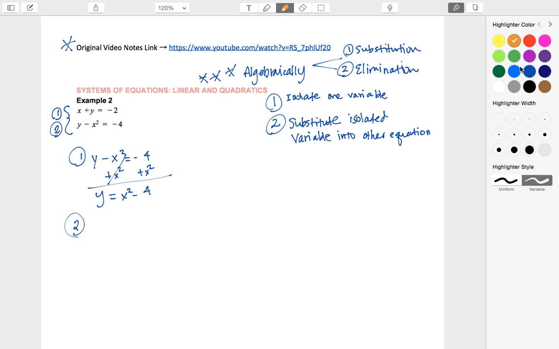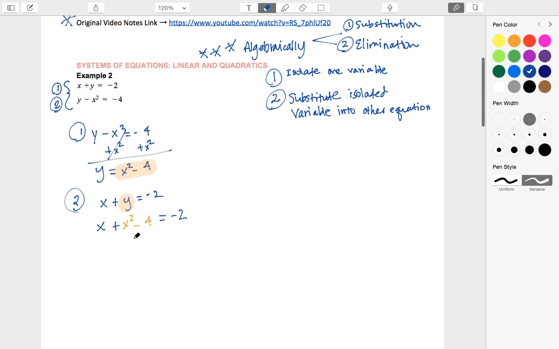Essentially, this x squared minus 4 is going to be substituted into my first equation, which is x plus y equals negative 2. So we have x plus, and then this y is now x squared minus 4, equals negative 2.